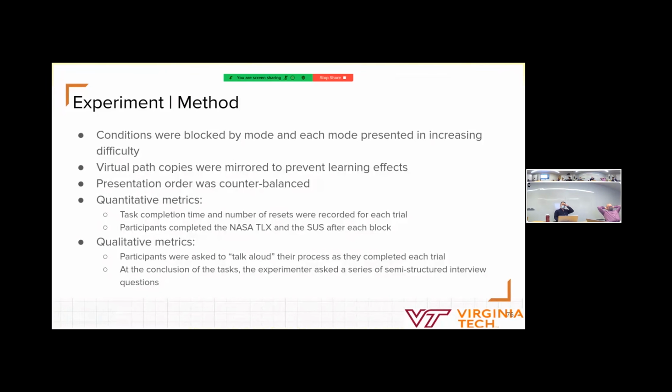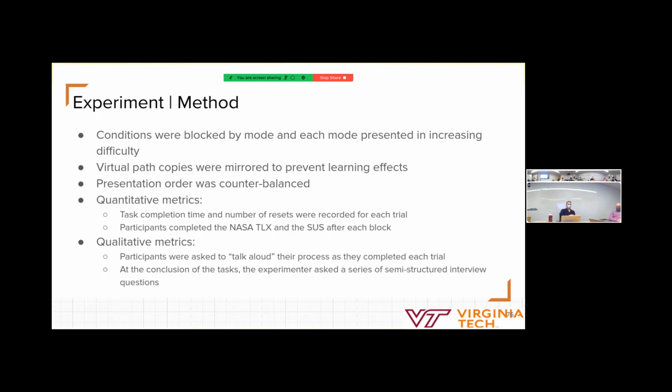We looked at two types of metrics. So we had a set of quantitative metrics where we recorded the time it took for each condition. And then we also had them complete the NASA TLX and the system usability scale after each block. So they would experience easy, medium, hard of either manual or automatic.